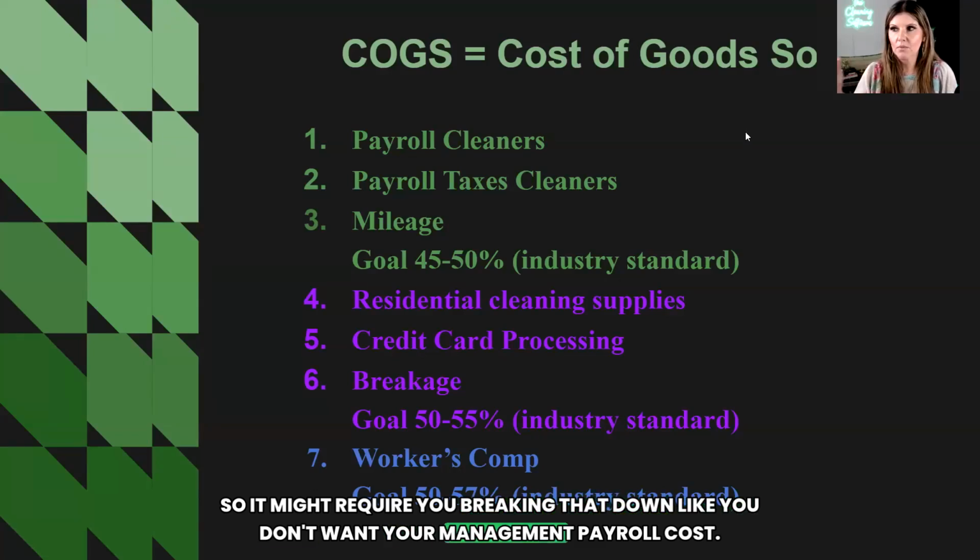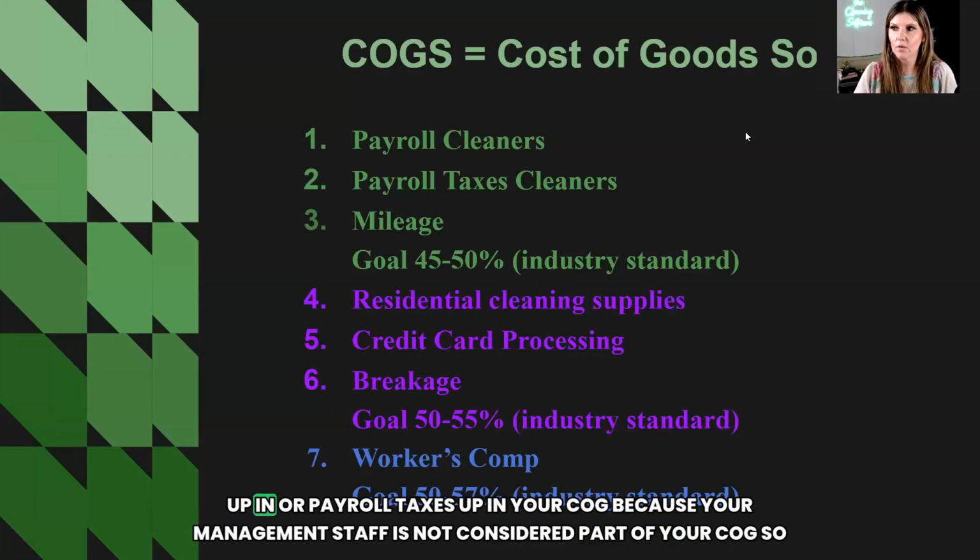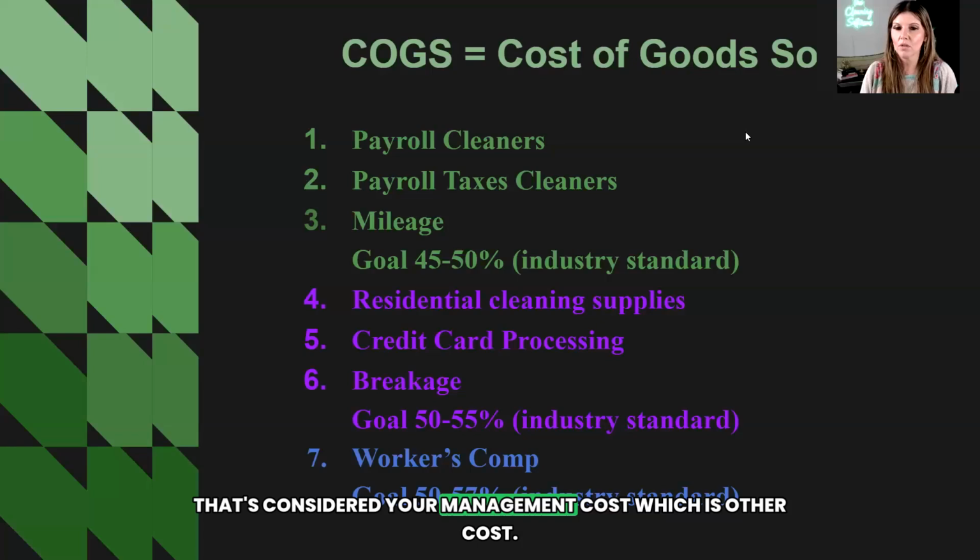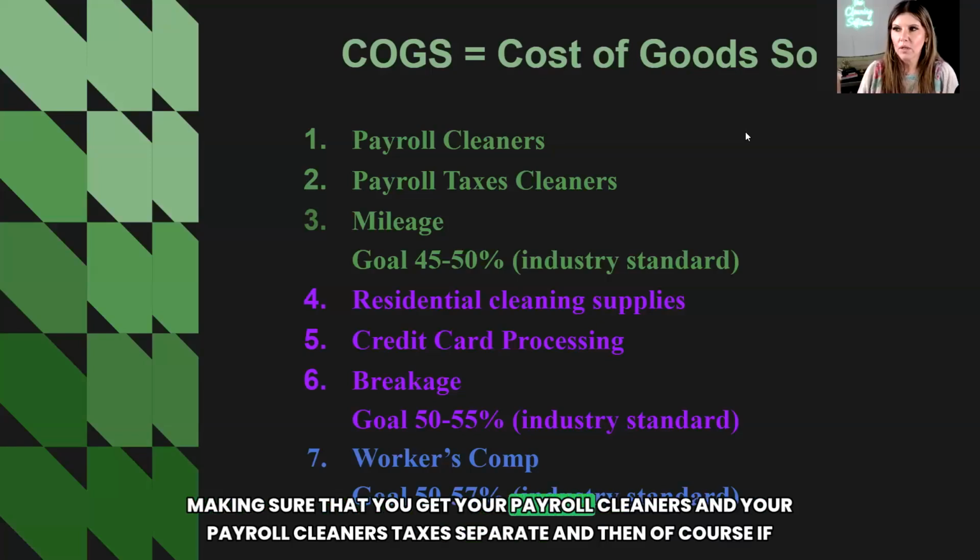You don't want your management payroll cost or payroll taxes up in your COGS, because your management staff is not considered part of your COGS. That's considered your management cost, which is other cost. So make sure that you get your payroll cleaners and your payroll cleaners taxes separate. And then of course, mileage.